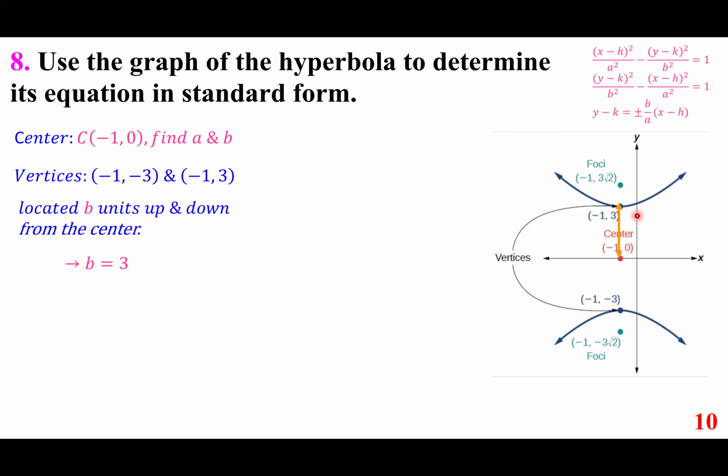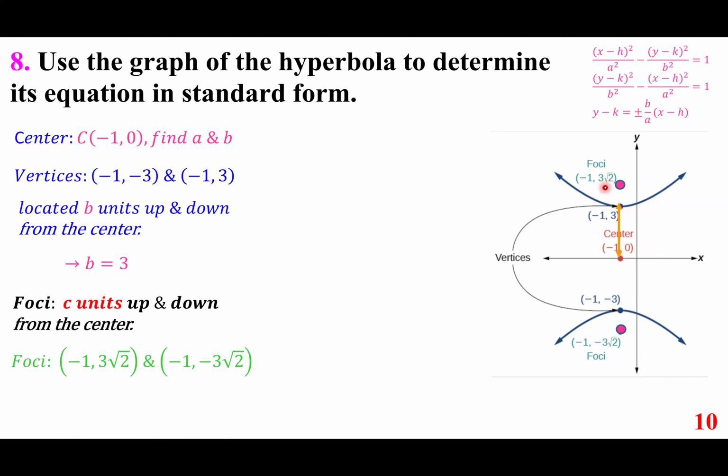B equals 3. Foci are c units up and down. So here are the two foci. From the center, go up by how many units? If the y is 0 and the y for the foci is 3 square root of 2, then c must be 3 square root of 2.